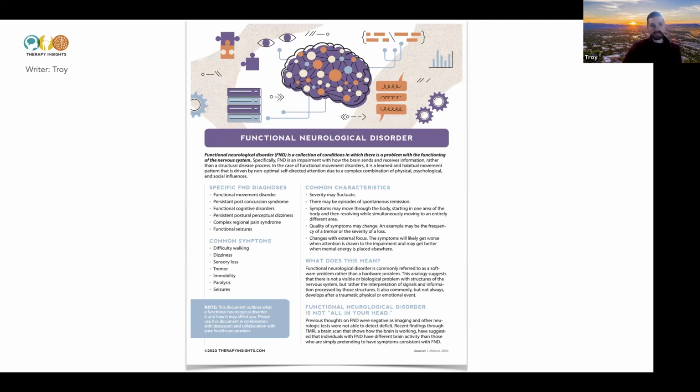So maybe someone has a tremor only during certain situations, or in certain environments. There will be episodes of spontaneous remission, where it will go away entirely. There are reports of someone having a tremor in a hand, and if someone places their hand over the top of that to stop the tremor, it will actually move to a different portion of the person's body. So these are all common characteristics associated with FND.